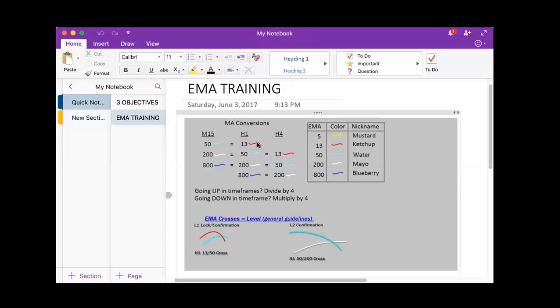As you go out further, the EMAs get closer to the price. So the 50 turns into the 13, the 200 turns into the 50, the 800 turns into the 200, and vice versa on the 400. That's all it is. So let's go ahead and take it to the charts. Let me show you guys the charts.